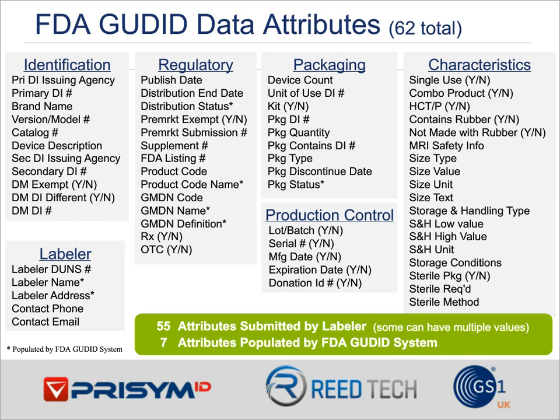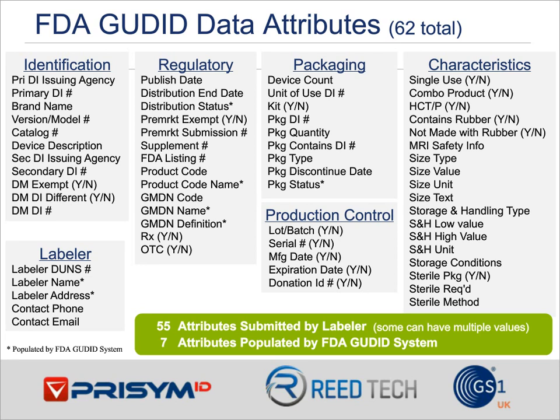Yeah, we won't go through each one of those attributes, but when you start collecting the data that needs to be submitted to the FDA, you soon realize it's coming from various locations in your company, and in some cases it would include the labeling system. There's a dozen or so fields on the actual product label, but then there are other fields that you may not have quick access to.